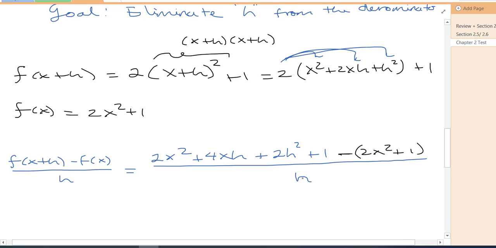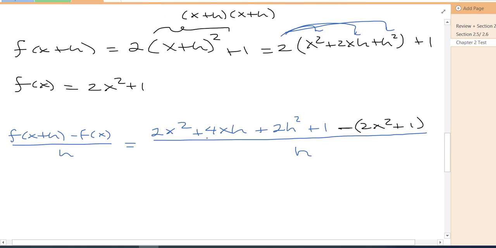Now remember, our goal is to eliminate this h, and because it's in the denominator, that means we're going to want to divide it with something. So let's combine like terms. Well, actually, let's distribute that negative. So I have 2x squared plus 4xh plus 2h squared plus 1 minus 2x squared, distributing this negative, minus 1.